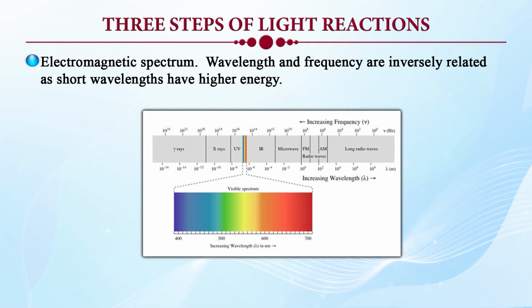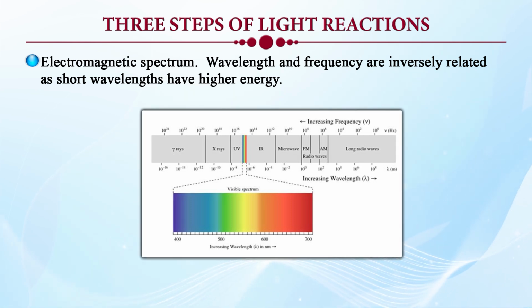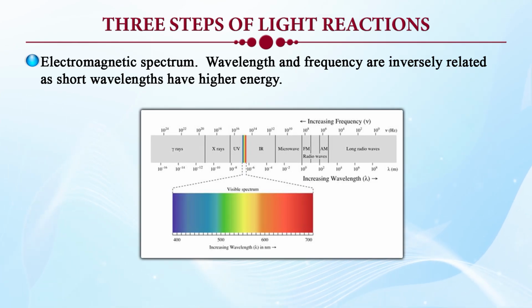But one point that you have to realize is, the more on the left you are, that means you are talking about high energy radiations, they have a very high frequency and a low wavelength.